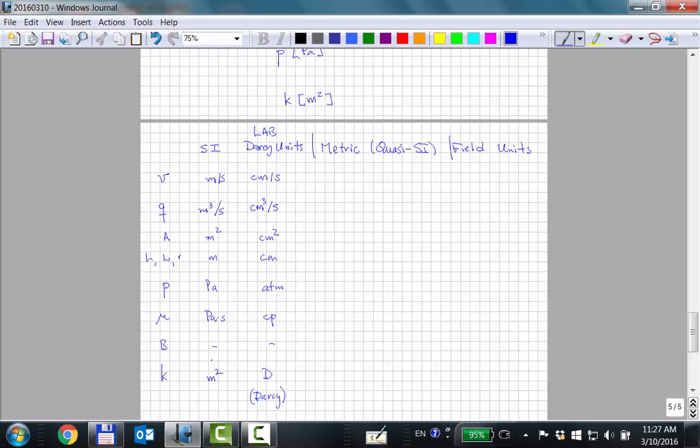Okay, so metric, that would be like in Norway. They're kind of SI, but not really, okay? So here we would use cubic meters per day, or meters per day. Cubic meters per day.